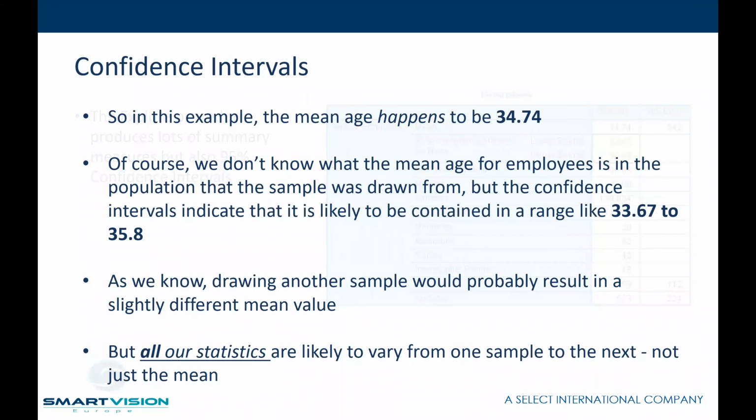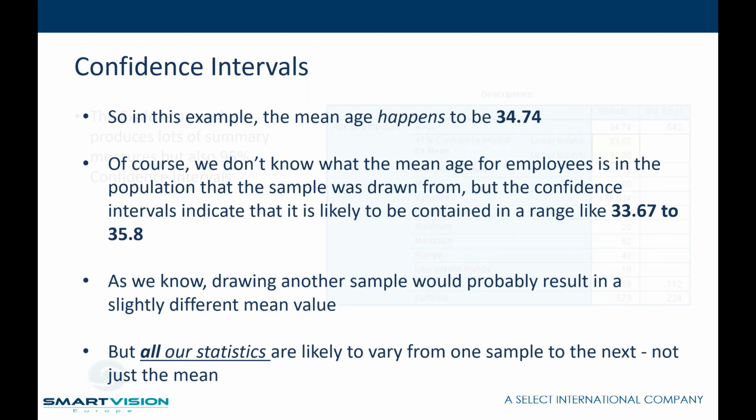In this example, the mean age happens to be 34.74. We don't know what the mean age for employees is in the real population that the sample was drawn from. But the confidence intervals indicate that it is likely to be contained in a range like 33.67 to 35.8.